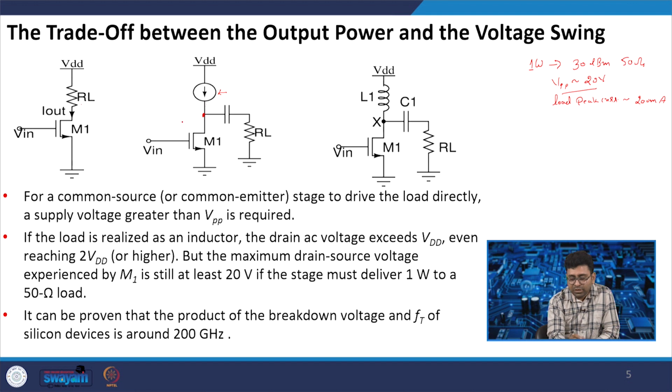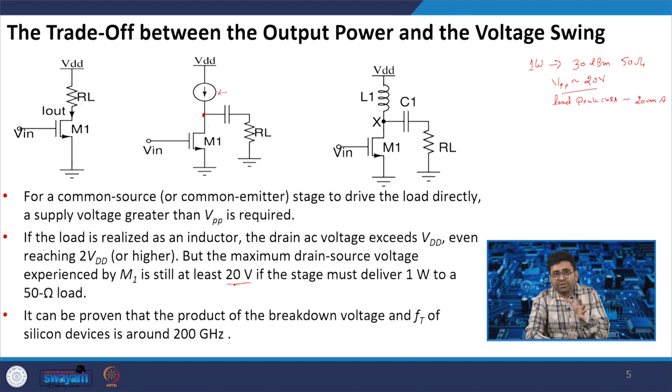So one solution we can think of is to put an inductor here, and that inductor will increase the swing 2 times, that is 2 VDD. Still your M1 transistor is experiencing 20 volt, and in order to deliver that much power you require a very high voltage swing.